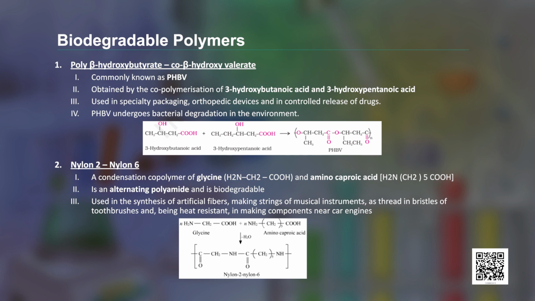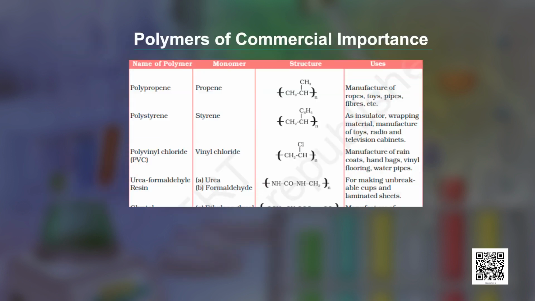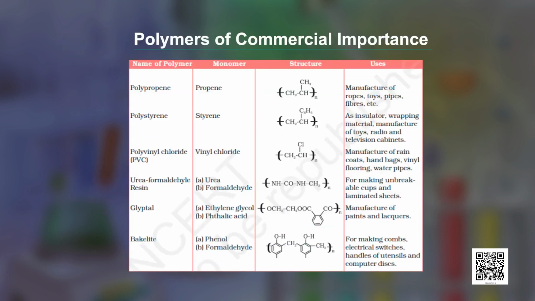Though we have studied various polymers with respect to their preparation and uses in these three sessions, a few commercial polymers along with their monomers and uses are listed in the table. These are namely polypropene, polystyrene, polyvinyl chloride, urea formaldehyde resin and glyptal.